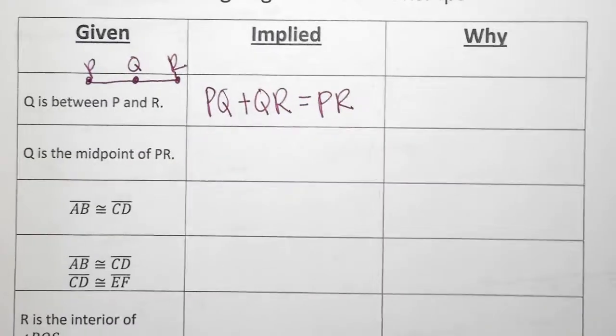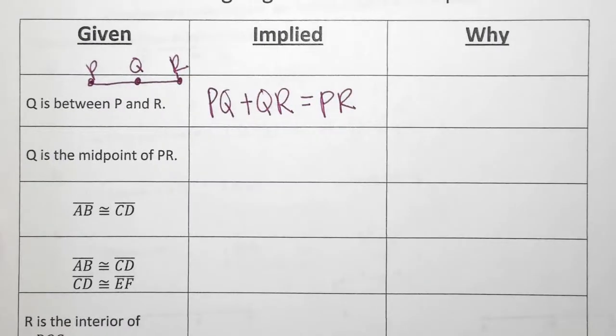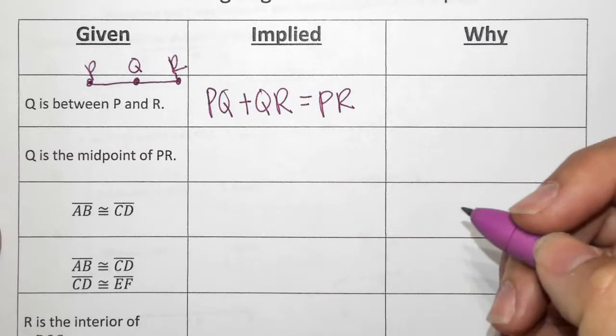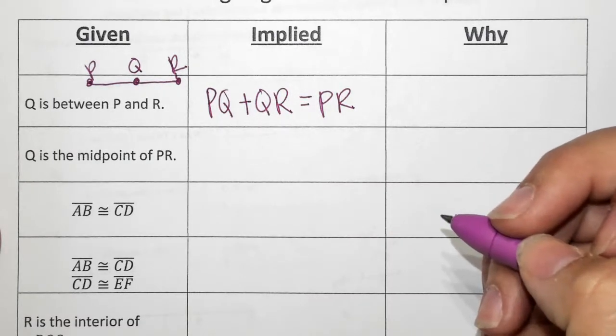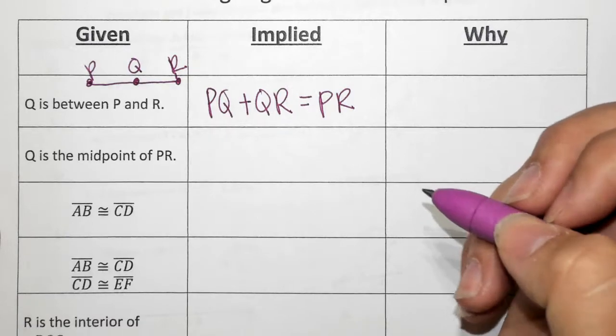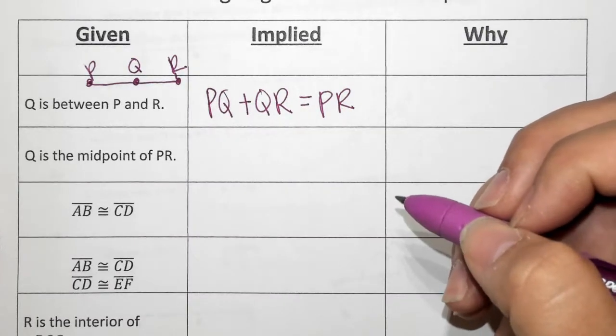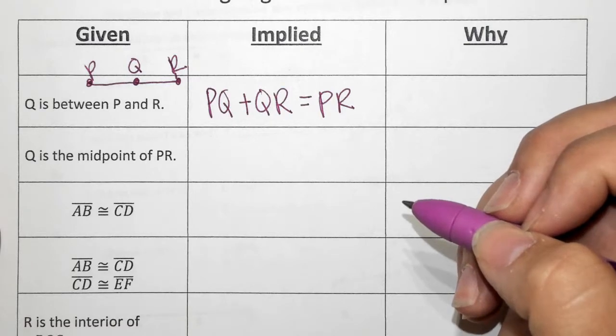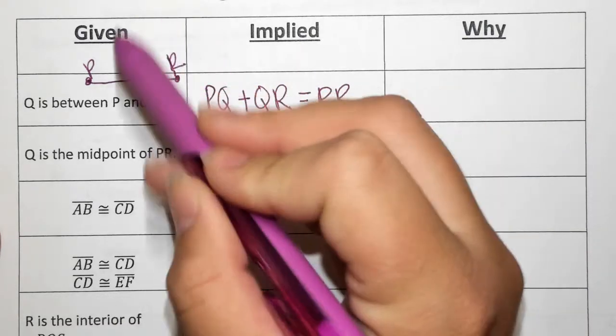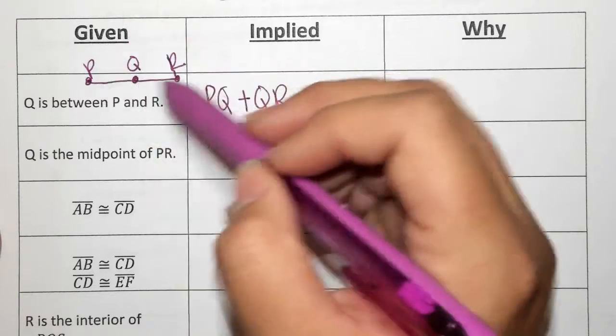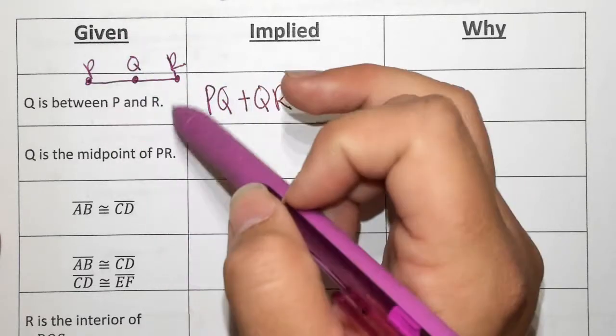Do y'all remember what it's called? It's 3 words. The first word starts with an S. What is this? What kind of line?